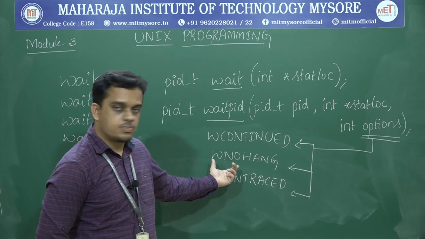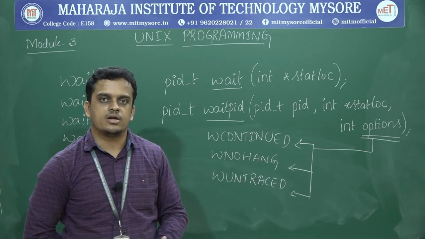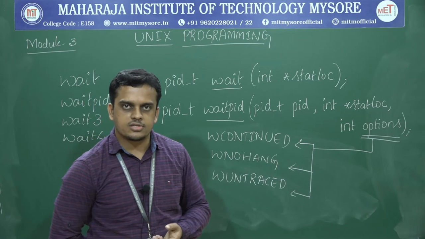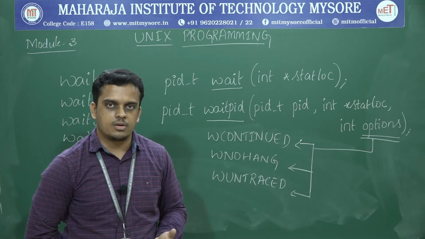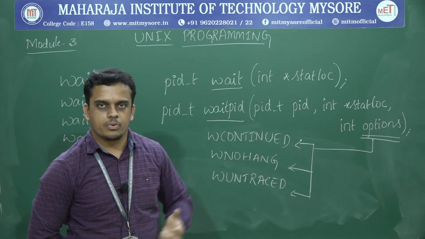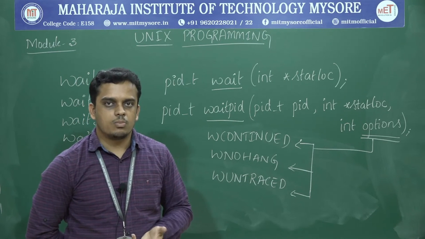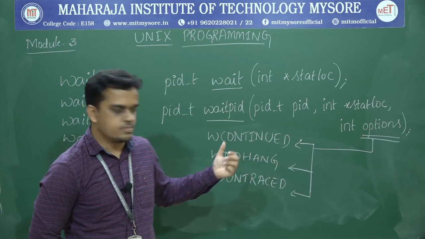And if this particular macro has been set, that is WNOHANG, it means that if the requested process has not been terminated, at that instance without waiting for that particular process termination, the control will be returned back to the calling process. That is how the non-blocking mode feature of the waitpid function can be explored.